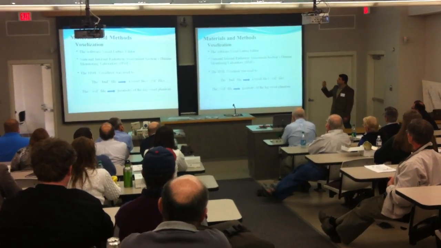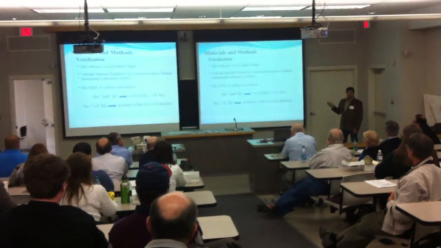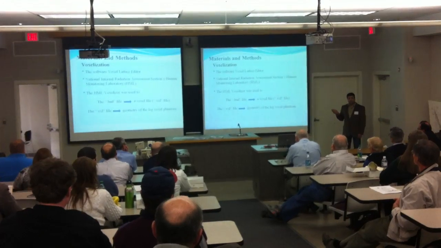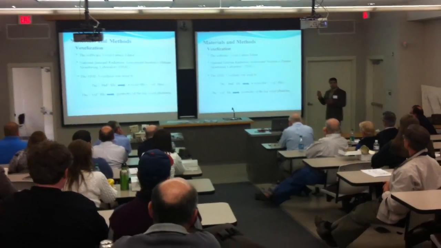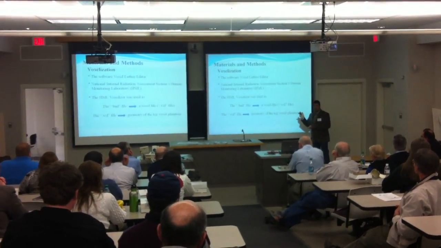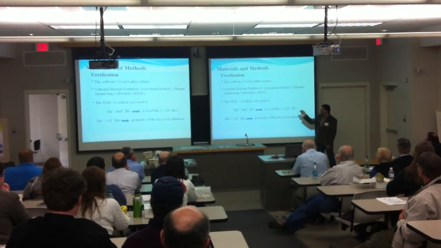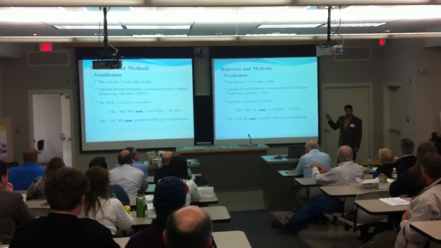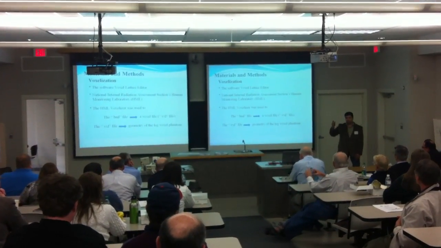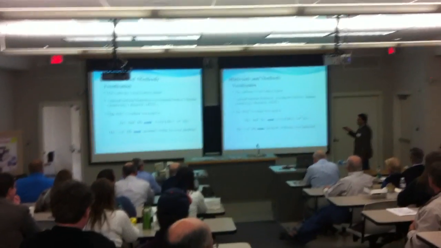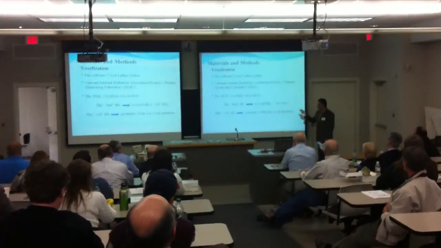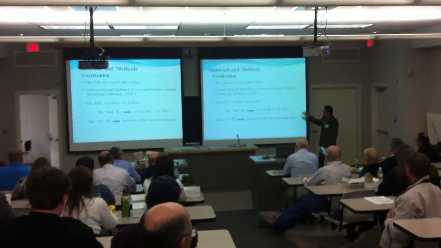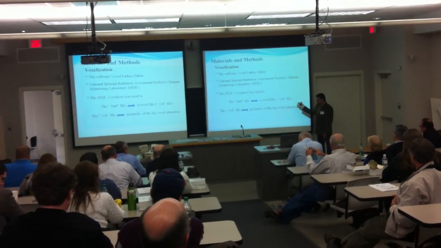The software Voxel Lattice Editor is originally used to manage voxel models and convert voxel files into the format used in the MCNPX input file. This software was developed by the National Internal Radiation Assessment Section Human Monitoring Lab in Canada, which Dr. Kramer will cover in detail. The voxelizer was used in this study to convert the boundary file into a voxel file and saved.